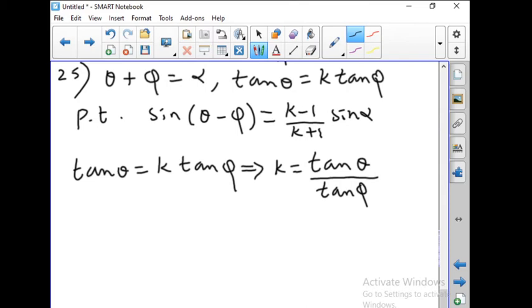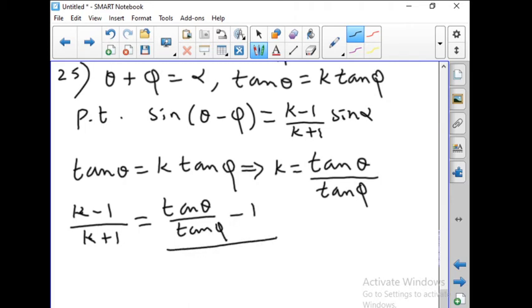So what about k minus 1 by k plus 1? K minus 1 by k plus 1 is equal to tan theta by tan phi minus 1 by tan theta by tan phi plus 1.